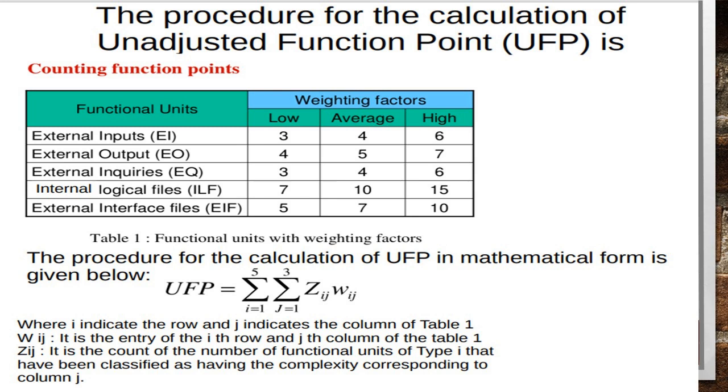Wij is the entry of the ith row and jth column of this table. Zij is the count of the number of functional units of type i that have been classified as having the complexity corresponding to column j. I hope when we do a problem, this calculation of unadjusted function points will be more clear. So let us do one problem now.